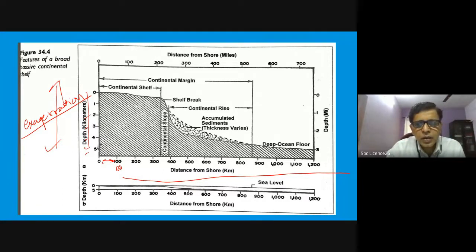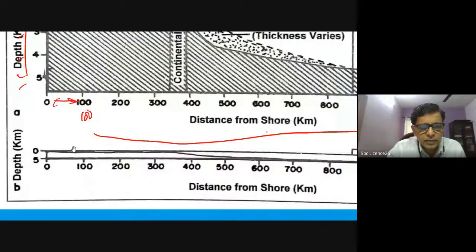If I am to actually put this to scale, it would look something like this. This is the 5 kilometers that we were referring to, and you put that 5 kilometers on this scale.